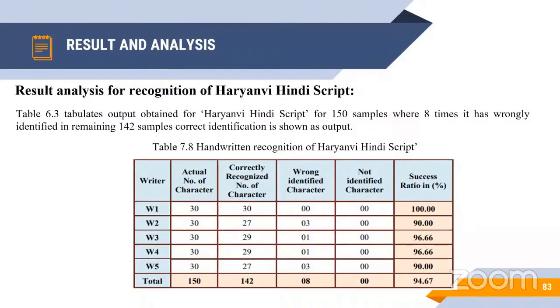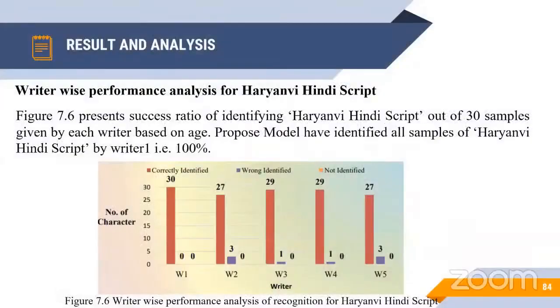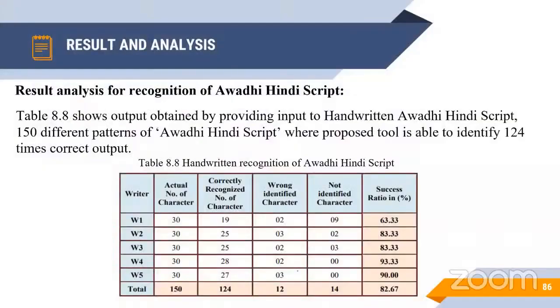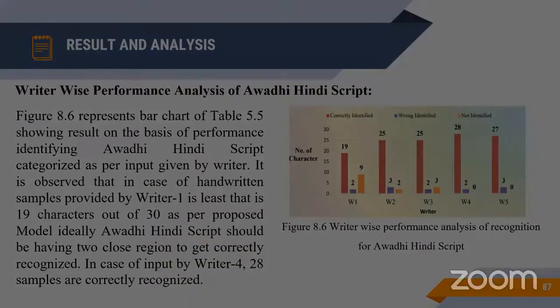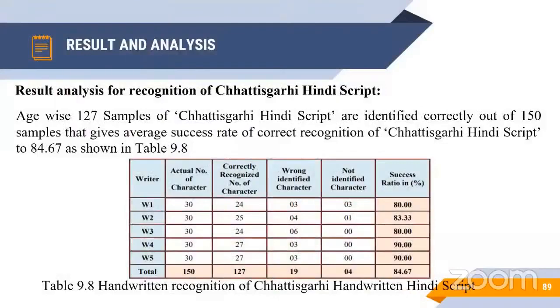The next one is Haryanvi Hindi. Again, it is 100, 90, 96, 96, 90, and the total is 94. The total analysis of Hindi is 82.67%.